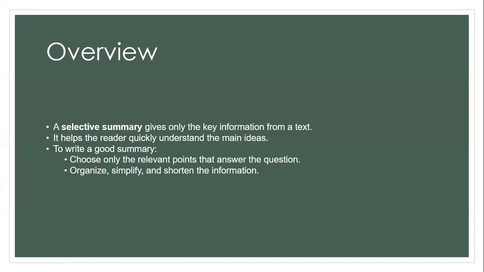We need to choose the relevant points that are going to answer our question. And when it comes to answering, we have to make sure that we are writing a summary which is organized, simplified, and a shortened version of the information. So here, the specific purpose is to make the main ideas clear and easy to read.